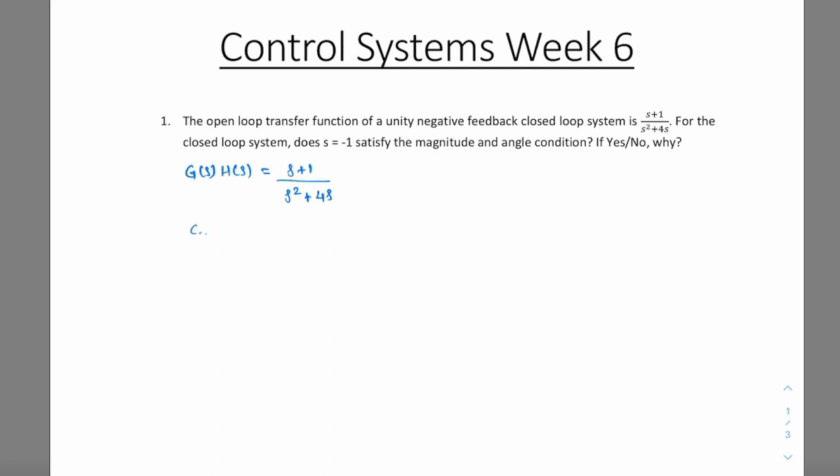So the closed loop transfer function is given by g of s over 1 plus g of s h of s. The equation formed by this denominator polynomial is called the closed loop characteristic equation.